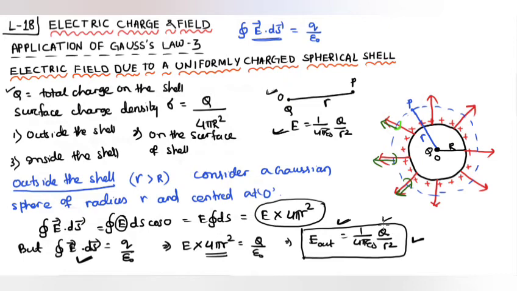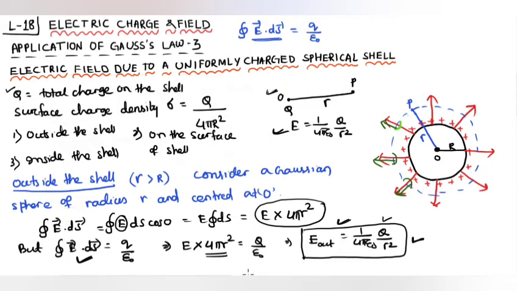So remember that when you are outside the shell, the electric field is similar to that of a point charge. You can assume that the entire charge of the shell is concentrated at the center, but actually the charge is residing on the surface of the shell. Okay, so this is the expression for electric intensity outside the shell.